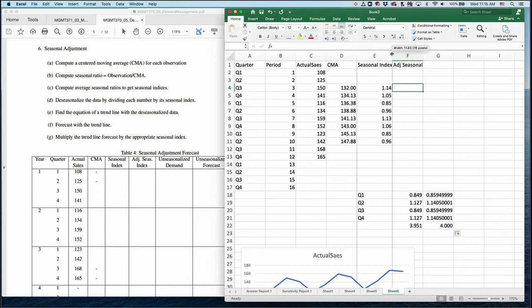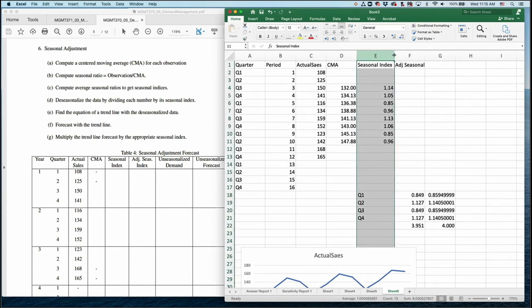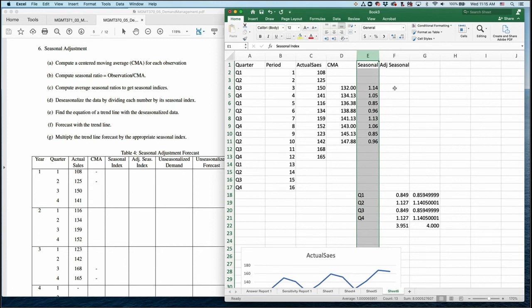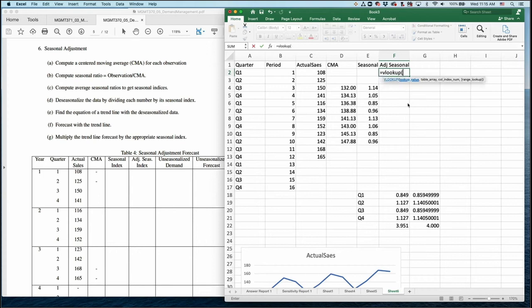So now we will use this seasonal adjusted seasonal index. To do that, we can use a VLOOKUP function. For VLOOKUP, we just use this seasonal index, and the table should be these numbers.